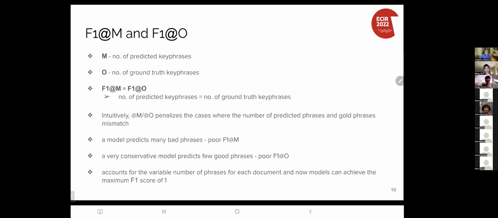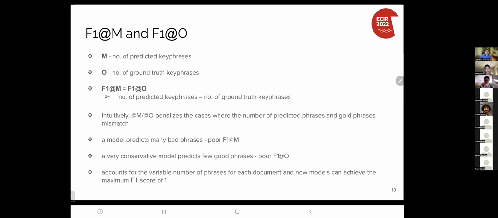So these are some of the interesting facts about F1 at M and F1 at O, which explain why they are so useful. F1 at M is equal to F1 at O when the number of predicted key phrases is equal to the number of ground truth key phrases. Intuitively, at M and at O penalize the cases where the number of predicted phrases and the gold phrases mismatch.